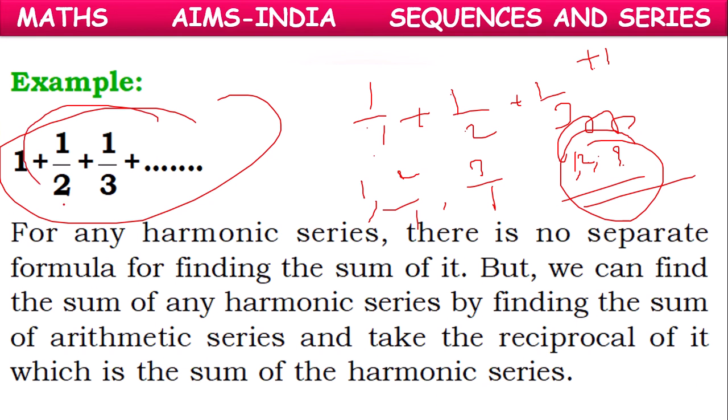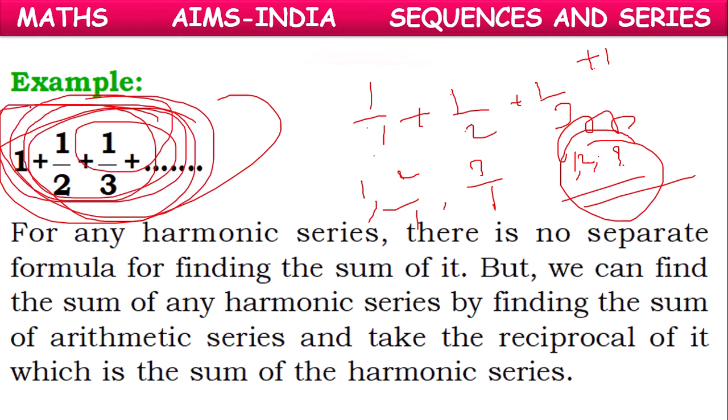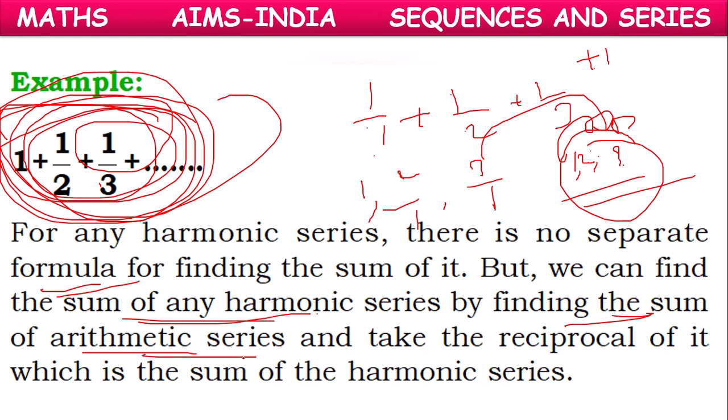For finding the sum of a harmonic series, there is no separate formula. First we have to convert it into an arithmetic series and find the sum of the arithmetic series.